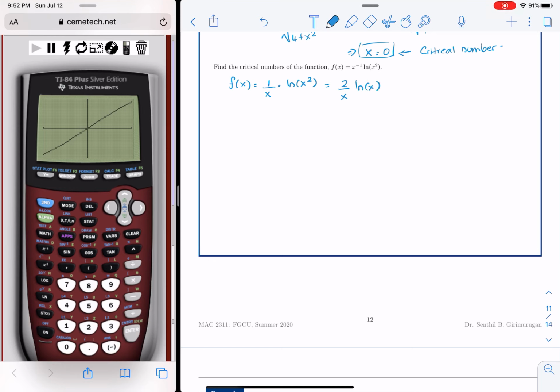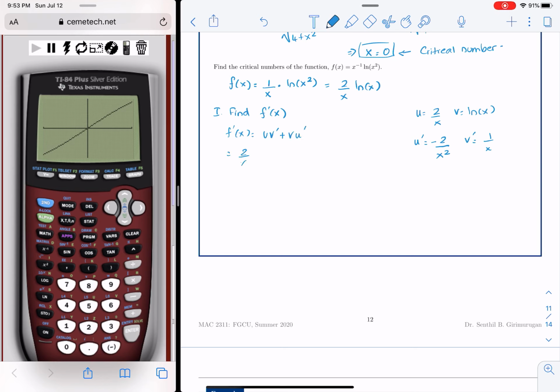So now I could find the derivative. u would be 2 over x and v is ln of x. u prime is negative 2 over x squared and v prime is 1 over x. So f prime of x would be u v prime plus v u prime.